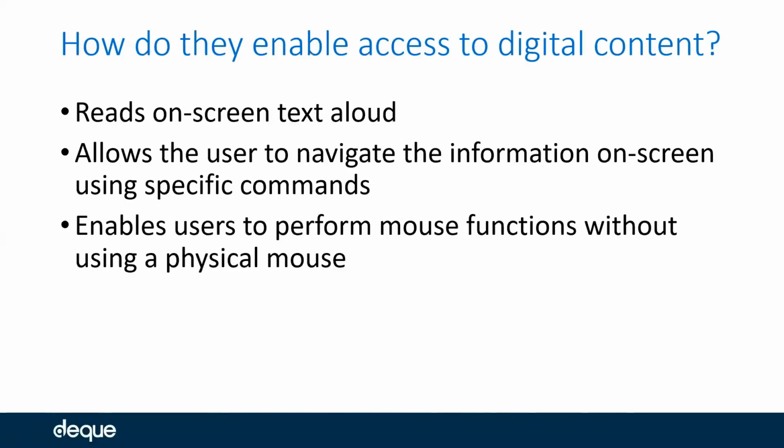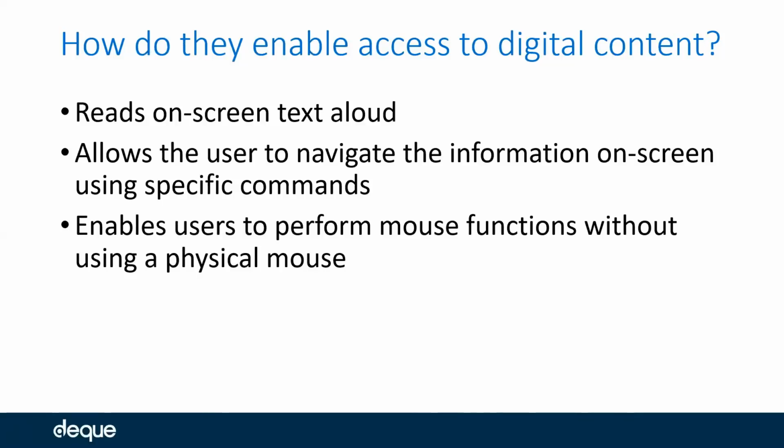So how do they enable access to digital content? Of course, they read online text aloud. They allow the user to navigate information on screen. So for example, and we're going to see this in a little bit here, if we want to jump to specific types of content on a web page or within an application, we can do that.